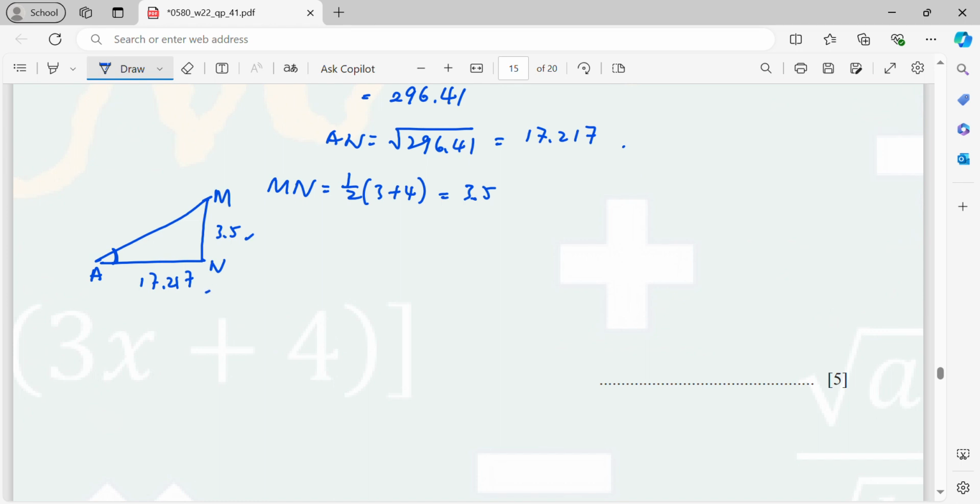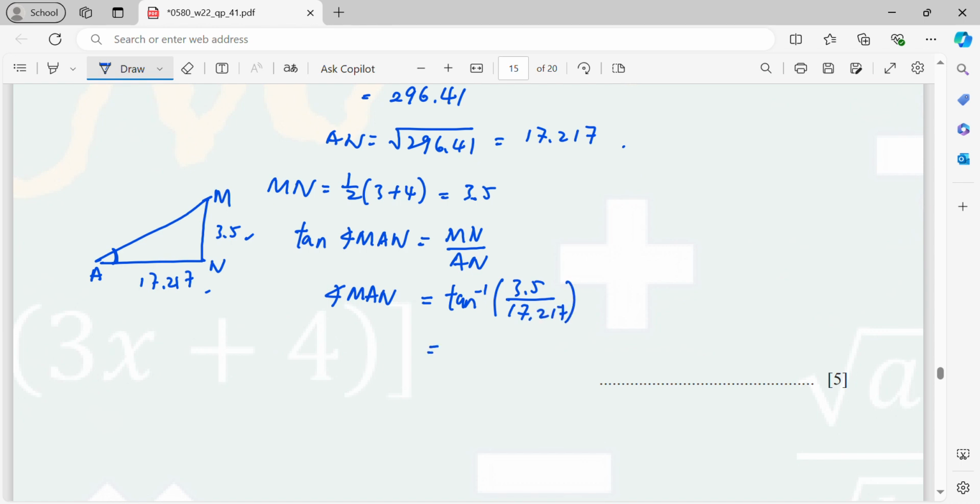Opposite and adjacent, that is basically tangent. So I will write tangent of angle MAN is opposite, MN, over adjacent, AN. So from here, this is arctangent of MN over AN. MN is basically 3.5, and the other one is 17.217. Taking the arctangent, you will get 11.5 degrees. So that is the solution of this question.